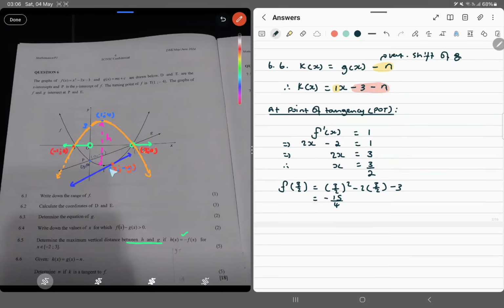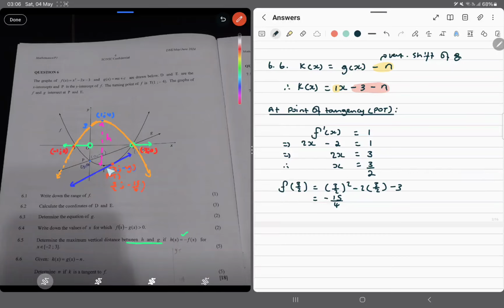This is our port, the point of tangency. And then we found out that our x is 3 over 2, which is 1,5. That should be greater than that. It makes sense. And then the y value of our point of tangency is again minus 15 over 4.